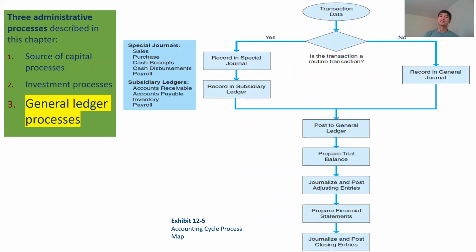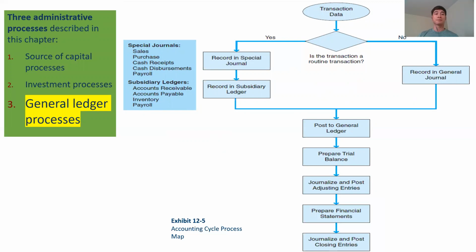For a manual accounting system, the process in which transactions are posted to the general ledger is called the accounting cycle. This Exhibit 12-5 is a summary of the processes in the accounting cycle. Special journals are established to record specific types of transactions.